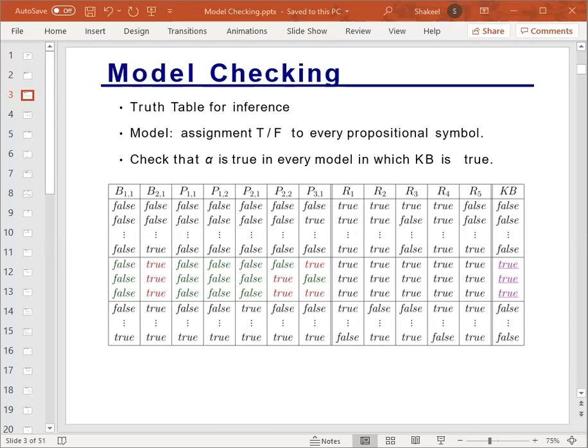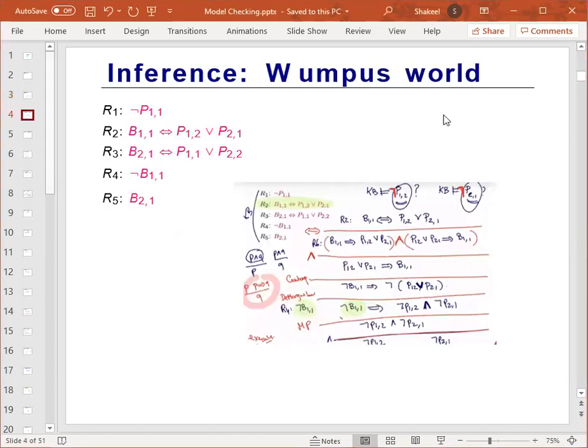Just like P11, we have KB entailing the negation of P12 and KB entailing the negation of P21. So this model checking helps us derive knowledge about the truthfulness or the validity of these kinds of formulas and can help the agent move in its environment.